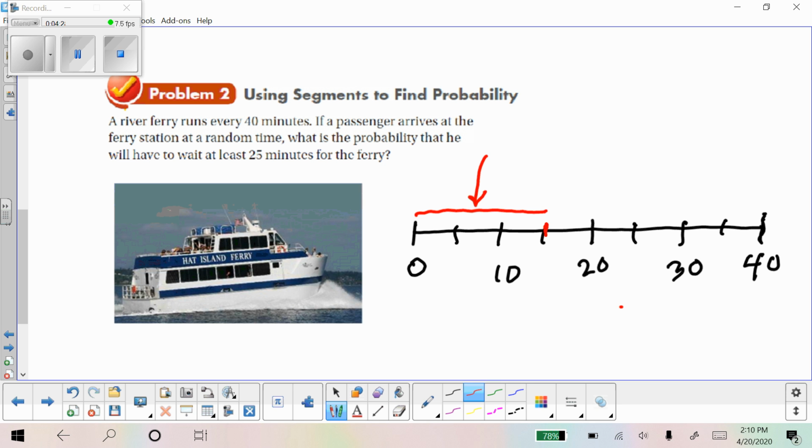If you land right on here, you'll wait exactly 25 minutes. And then the length of the total line represents all other possibilities. So the probability is 15/40, the length of the small red line to the big red line, which simplifies to 3/8.